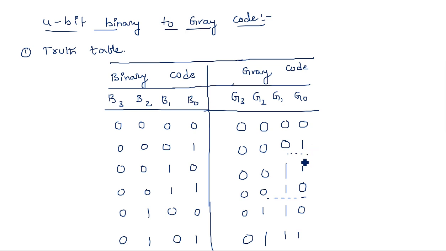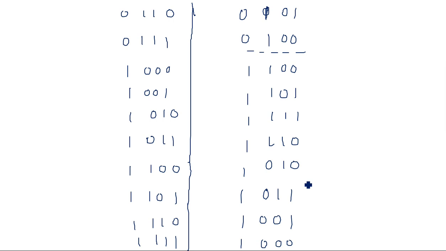Again, if you take the second and third, again one bit is varying. Take any two successive numbers, you can observe only one bit variation. Suppose take these two. See, the first one is varying, the remaining are all common. Take the last two. Only the last one is varying, the remaining are all common. So like that, we will have only one bit variation, unit distance.